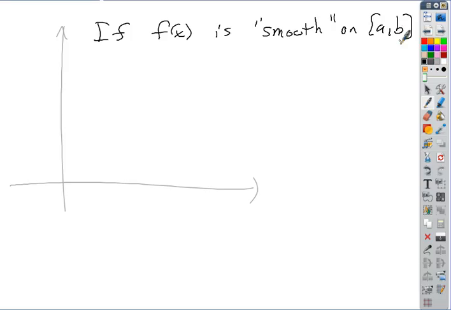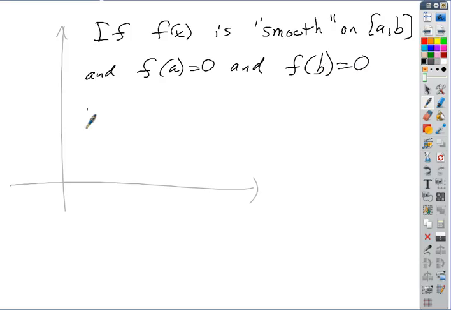If f of x is smooth on the interval from A to B, then it is. If f of A equals 0 and f of B equals 0, then what interesting has to happen?